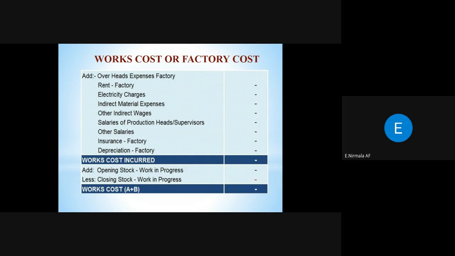For example, you need to pay electricity bill to keep your production going. Similarly, there are several other taxes and utility costs that fall under the overhead cost category. So here, after the prime cost, we have to add the factory overhead.